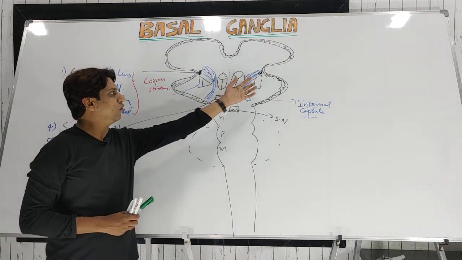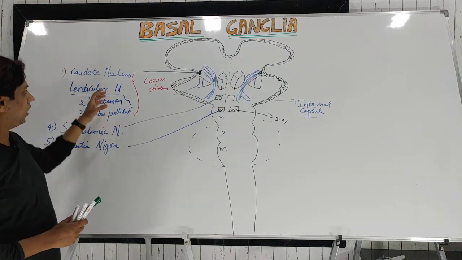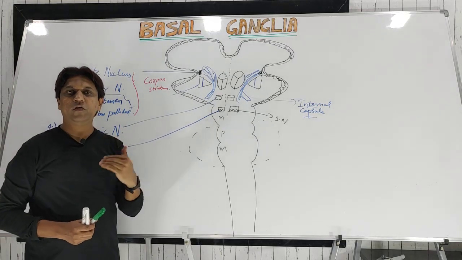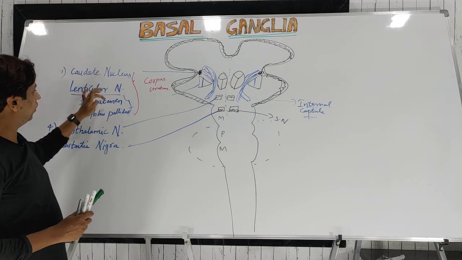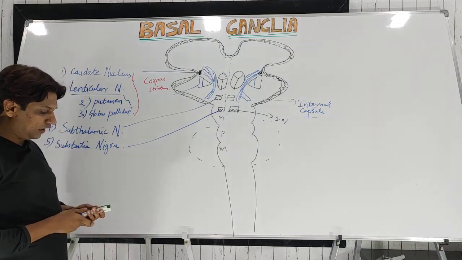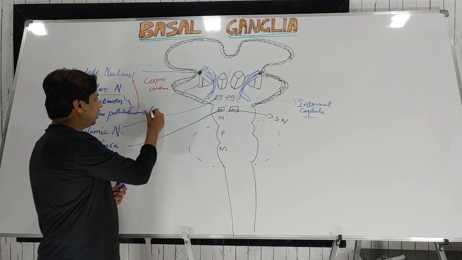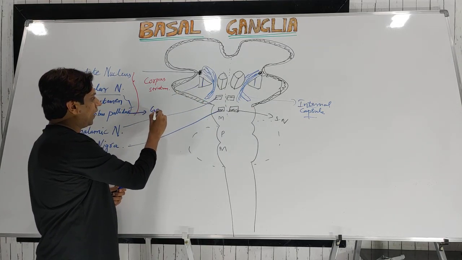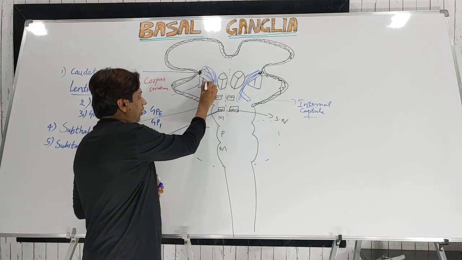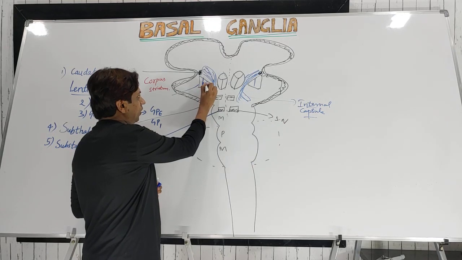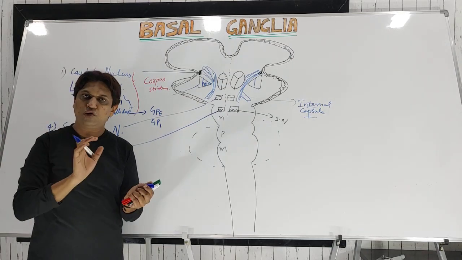However, globus pallidus is called the paleostriatum. It is further divided into globus pallidus externus and globus pallidus internus.